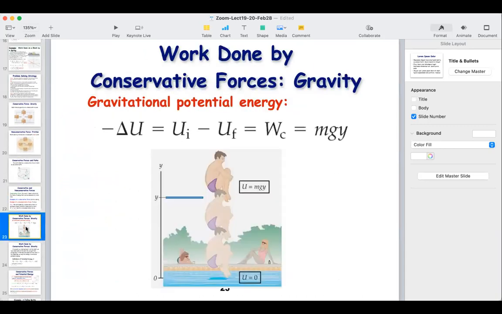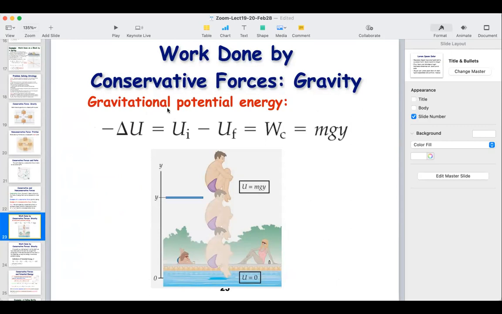And those are the only 2 conservative forces we've learned up to this point, and that we will learn in physics 151. Yes, gravity and springs, the elastic force. All the other conservative forces, like electric force or magnetic force, are in 152.